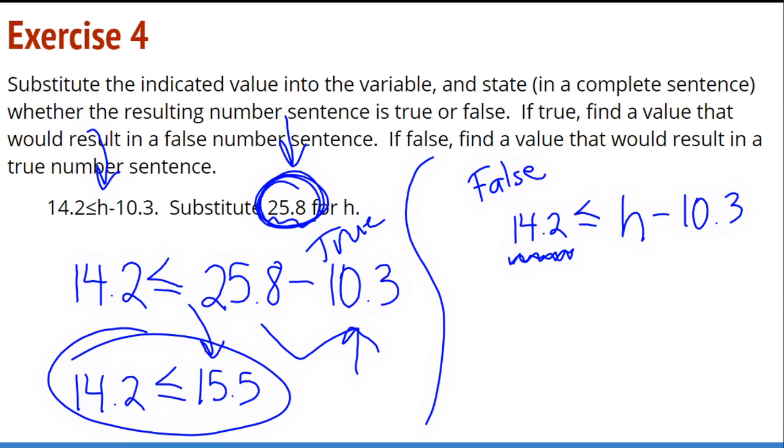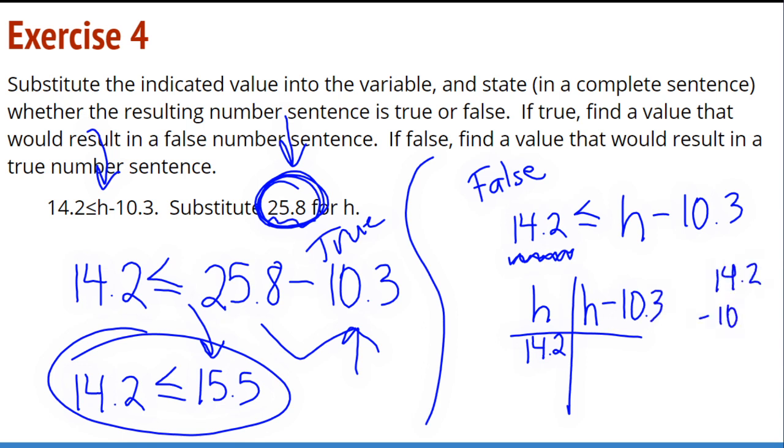So I'm going to make this even easier, and I'm going to say, what if h is 14 and 2/10? So I've got h is 14 and 2/10, and I've got h minus 10 and 3/10. 14 and 2/10 take away 10 and 3/10, and do a little bit of regrouping here.